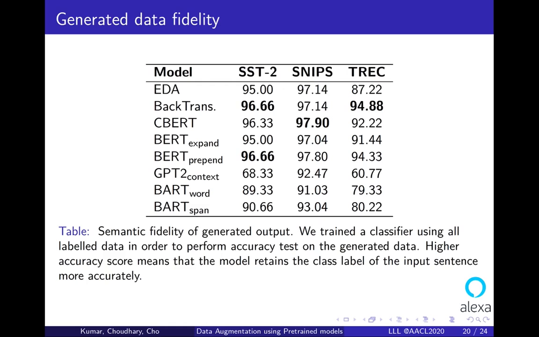It simply means that some of the generated data in BART might not be able to preserve the class information, though it is still doing really well in terms of classification accuracy. We also note that back translation is a really strong method in terms of fidelity, which also underlines that state-of-the-art translation methods are really good at preserving the class information.